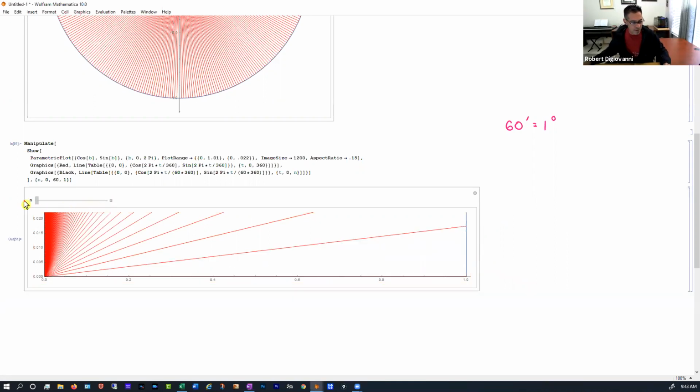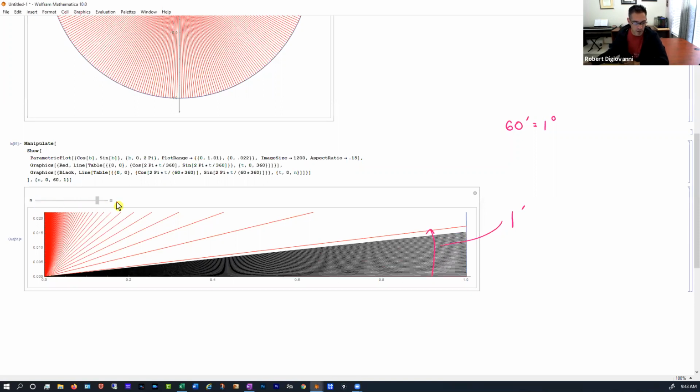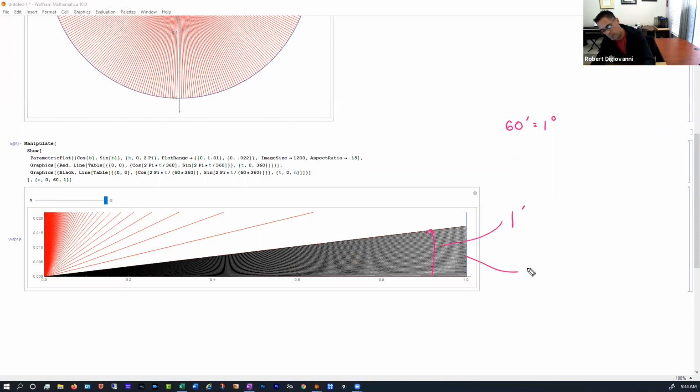Imagine that this right here is not 1 degree, but 1 minute. We can take that 1 minute and break it up into 60 equal pieces. And each one of those equal pieces is 1 second. And we do 2 little dashes there.